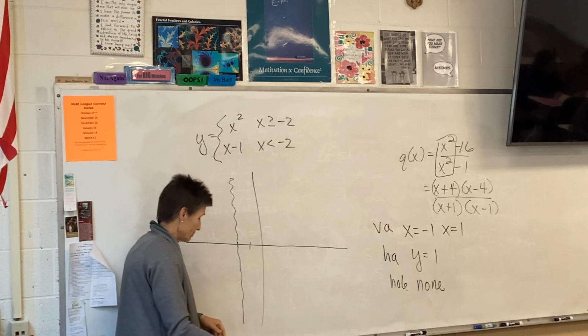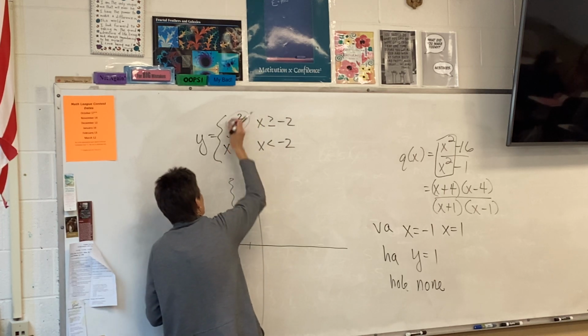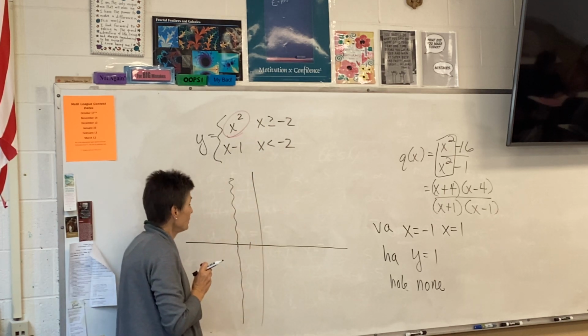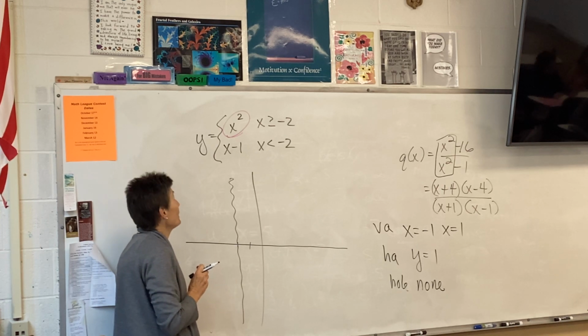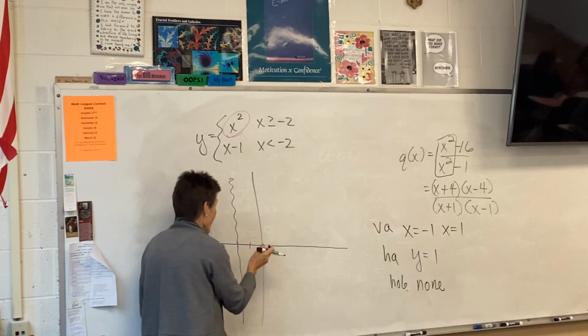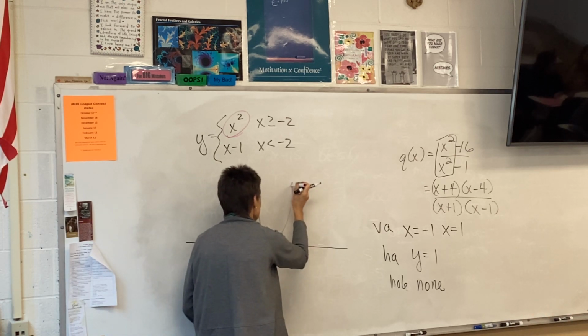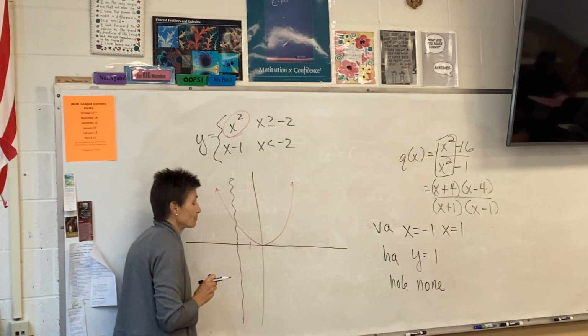So here we go. One part at a time. You're welcome to use colors tomorrow if that helps you. You don't have to, but if it helps you, you can. All right, what is that x squared? What shape is that? That's a parabola, and I didn't move it, so its vertex is at the origin.